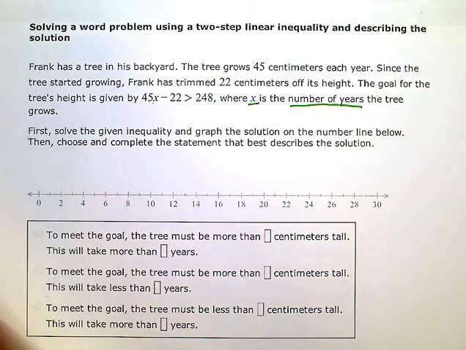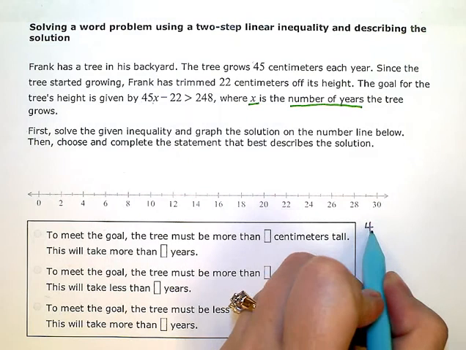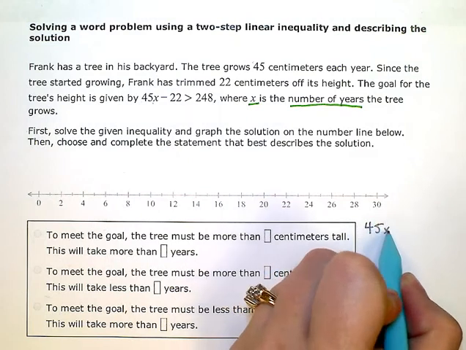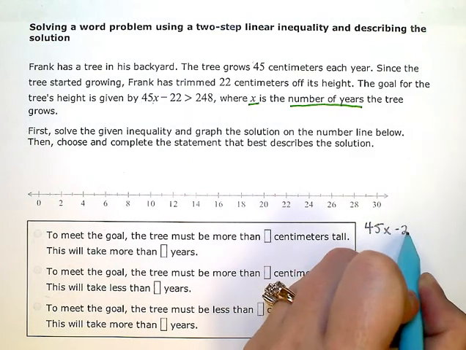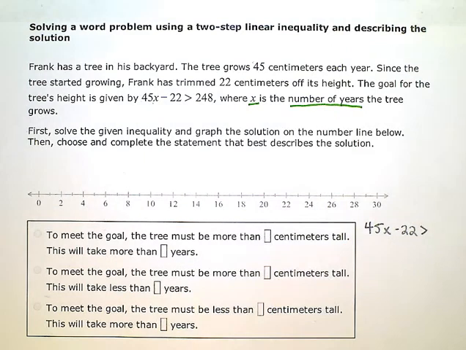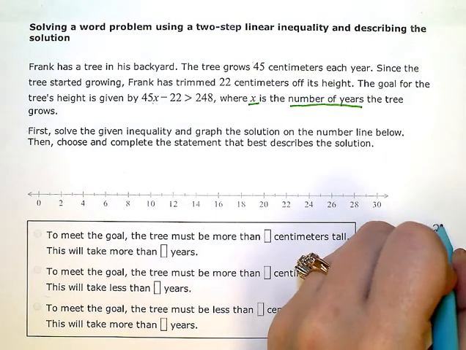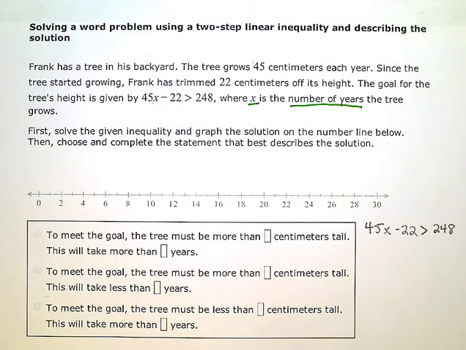Over here, I write 45x minus 22 is greater than 248, and I'm going to go through the process of solving this inequality. I need to isolate or get this x by itself, which means it's going to take two steps.